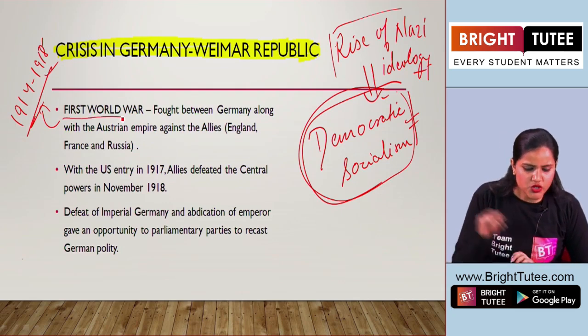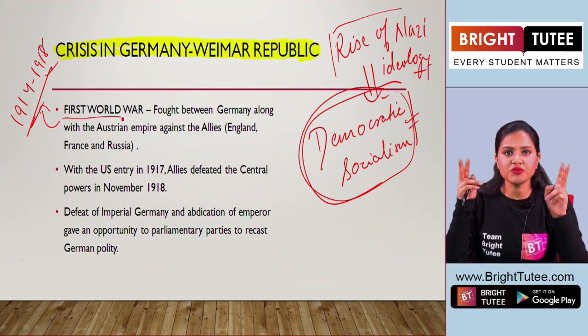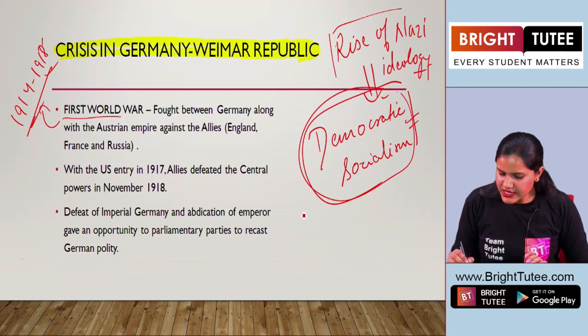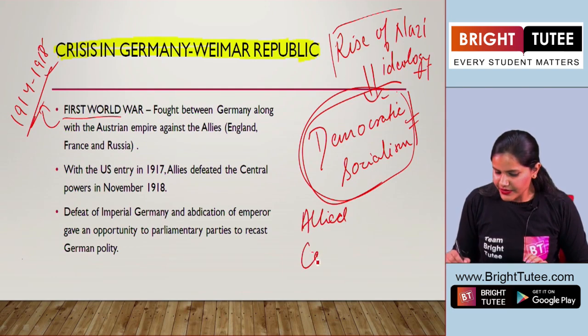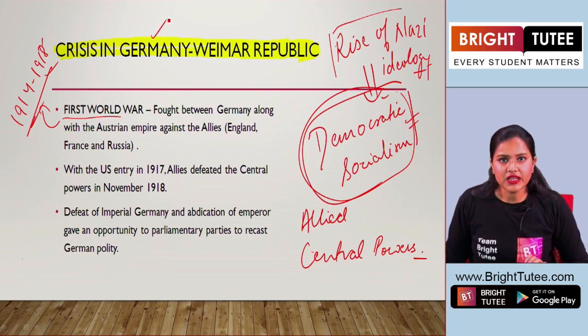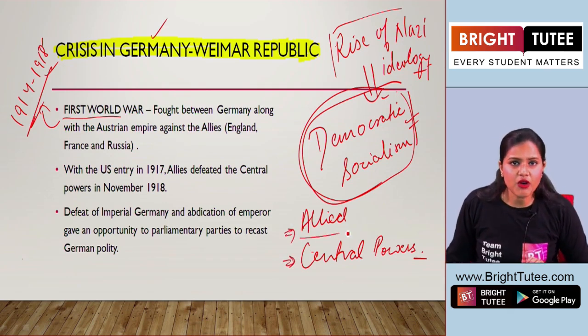So when we are talking about the First World War, we are talking about two important groups that participated in the war, the Allied forces and the Central powers, right students? Now since we are talking about Germany, do you know from which side Germany participated in the war?